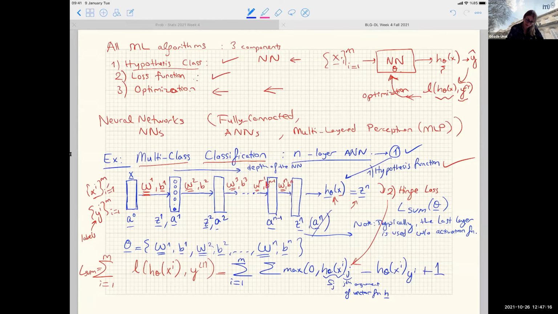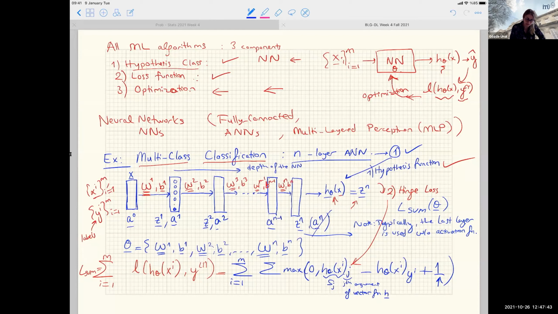This is the hinge loss, right? I have a margin. The true class should have a score of at least 1 more than the other classes' scores. That's the idea.